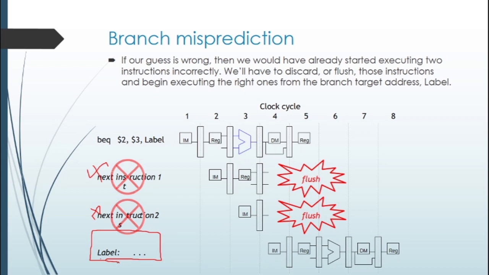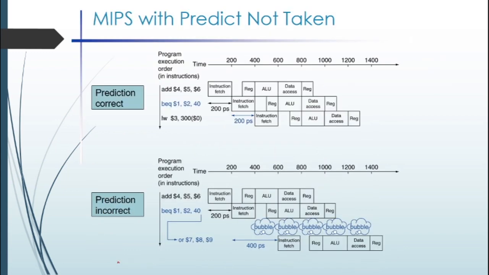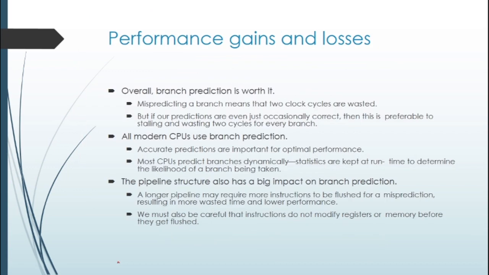This will be the penalty for the misprediction case. So with prediction not taken, in the normal case it will execute normally. If the prediction is incorrect, then we'll have to insert a bubble. Now we can actually do something better.